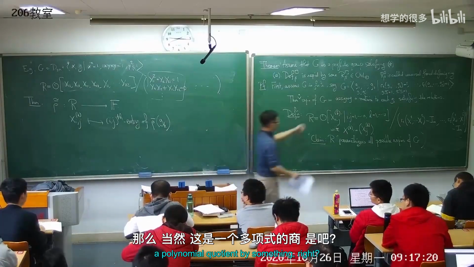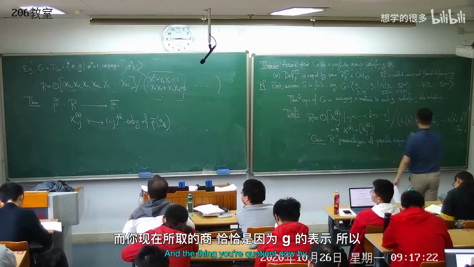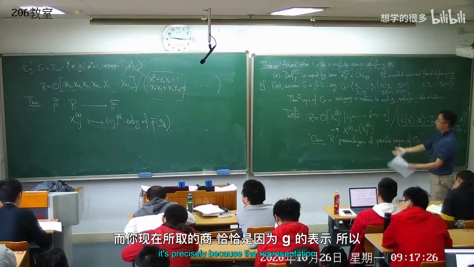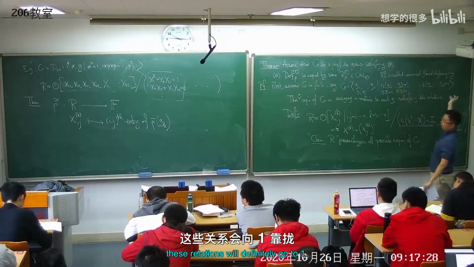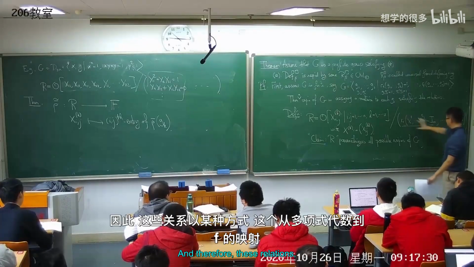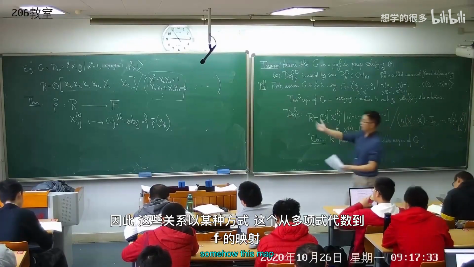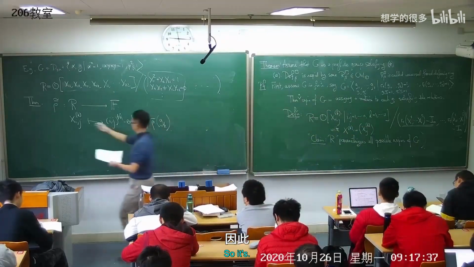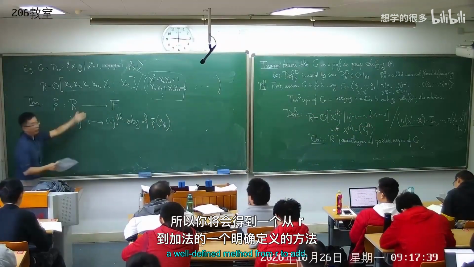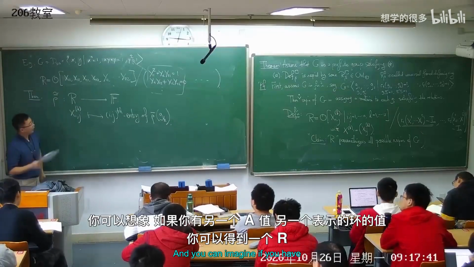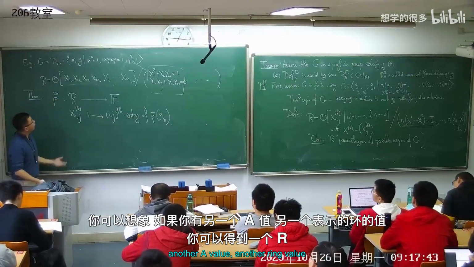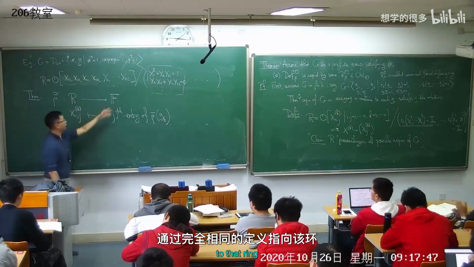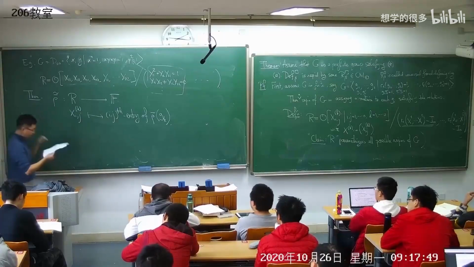Of course, it's a polynomial algebra quotient by something, and the thing you quotient by is precisely because of the representation of G. So these relations will definitely go to 1, and therefore the map from the polynomial algebra to F will factor through these relations. So you will get a well-defined map from R to F. And if you have another ring-valued representation, you can get a map from R to that ring by exactly the same definition.